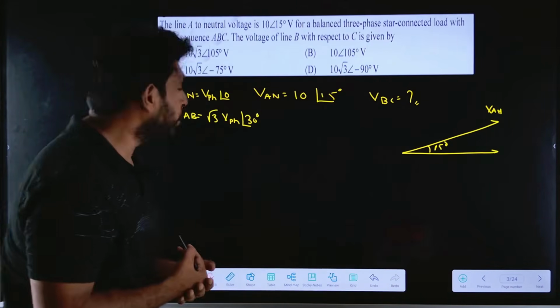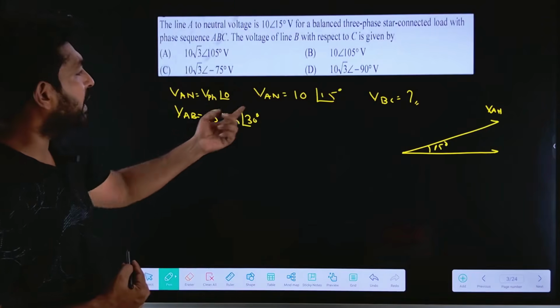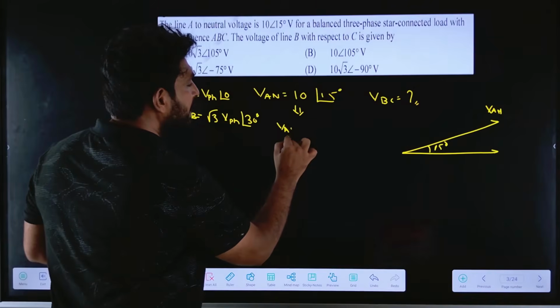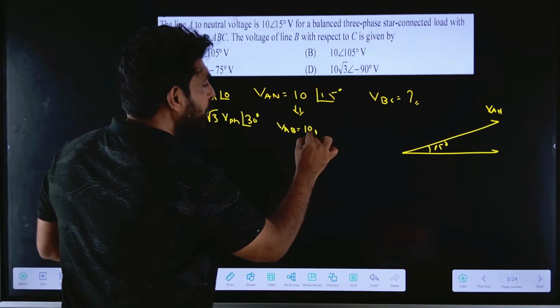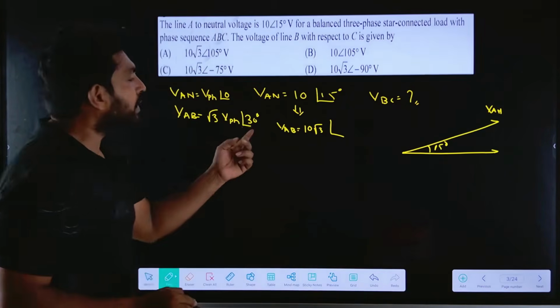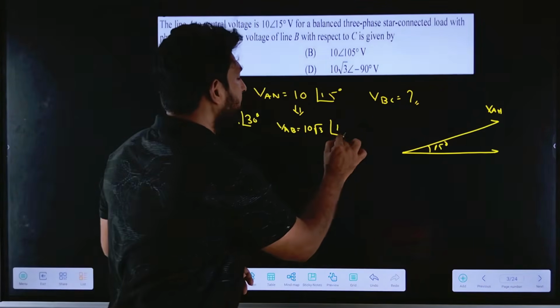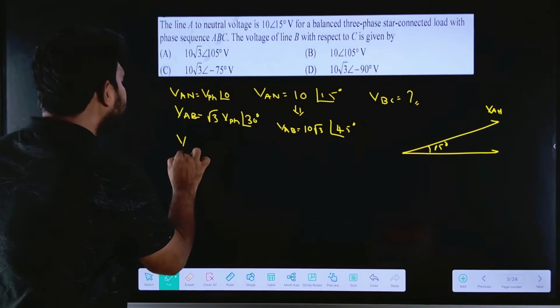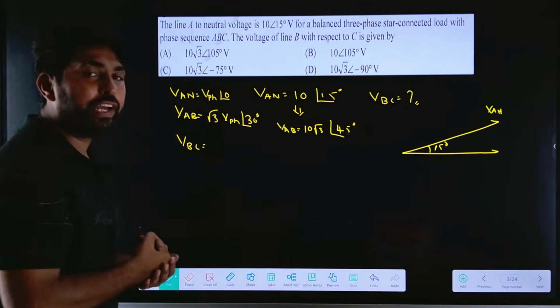VAN is at an angle 15 degrees. Now what do we need to do? If I want to find VAB, it is equal to 10 root 3 at an angle of 30 plus 15, 45 degrees. Now, if I want to find VBC, how can we find it?